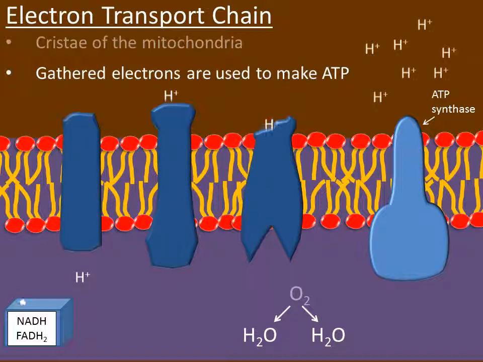Now what happens over time is that a number of these protons, of course, are built up outside, and we now have a concentration gradient. And this molecule here, ATP synthase, which you can tell from the name is an enzyme, will use that gradient to produce ATP. It will use the potential energy caused by the gradient to make the ATP molecule, and it will continue to shuttle those back in, making lots of ATP in the process.